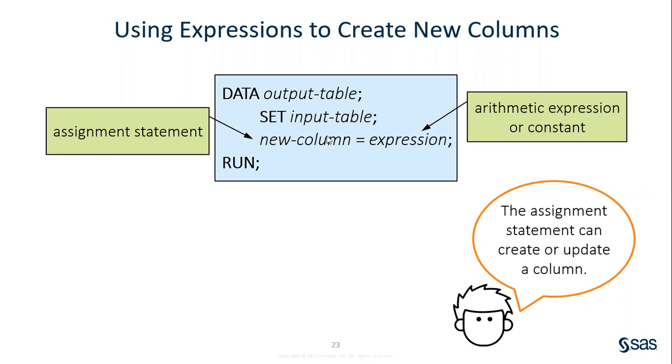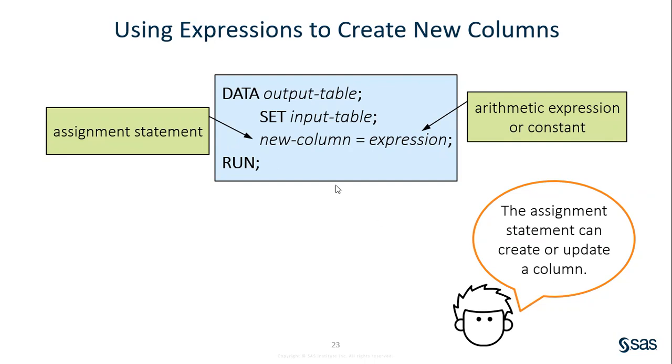You're creating a new column equal to an expression, so it's called an assignment statement, where you write an expression. This expression could be either an arithmetic expression or a constant. The assignment statement can create or update a column.